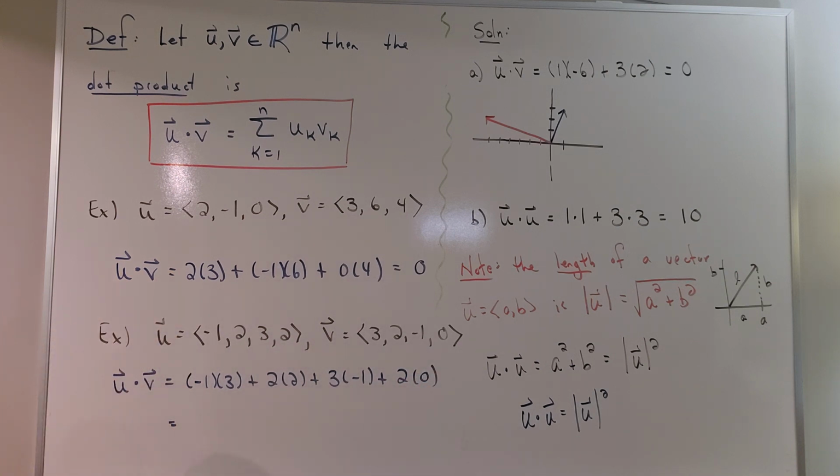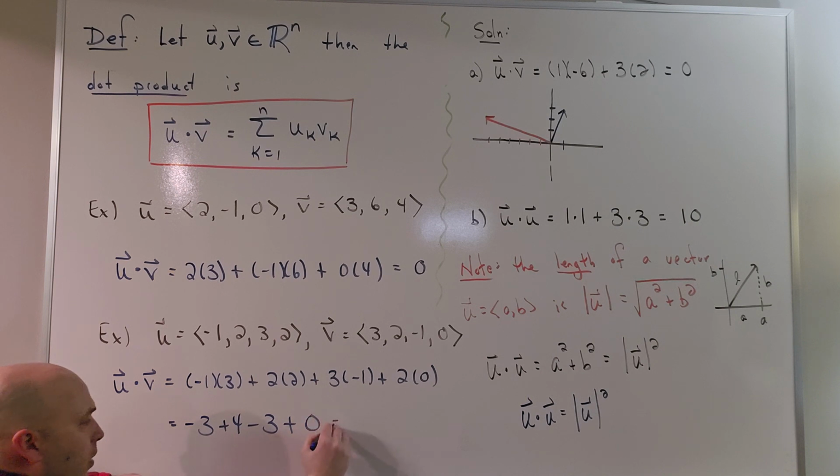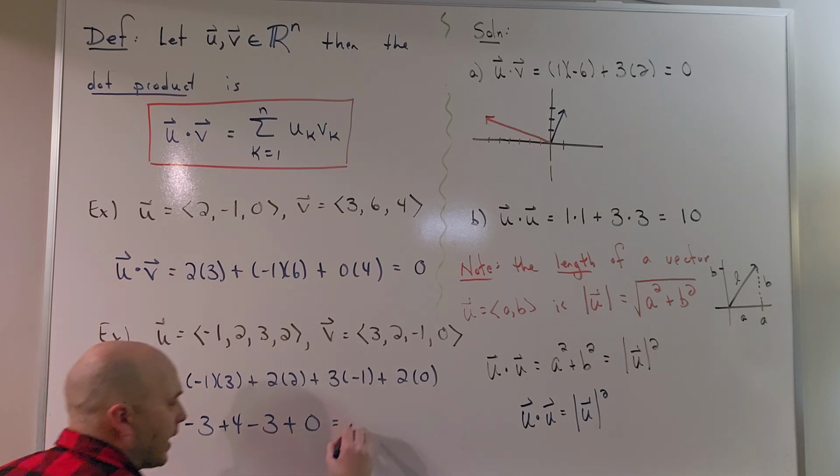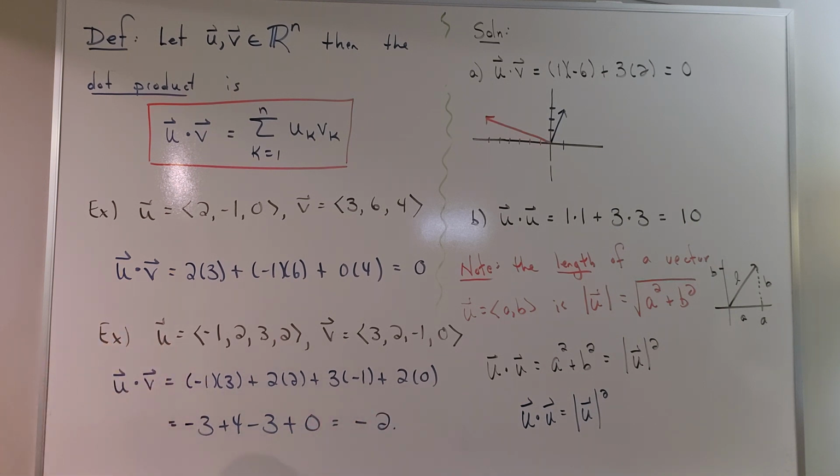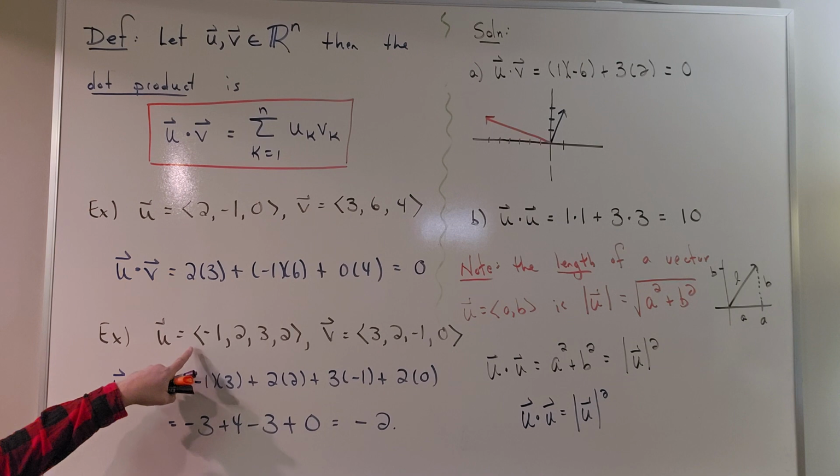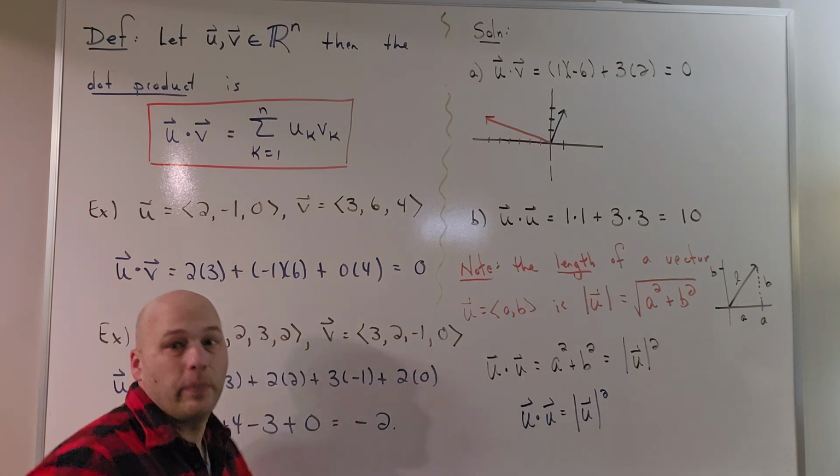And then compute that. I get -3 plus 4 minus 3 plus 0, which would give you -2. And again, based on our test for perpendicularity, in 4 dimensions those 2 vectors would not be orthogonal.